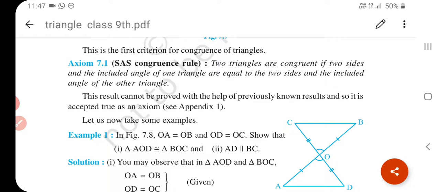Two triangles are congruent if two sides and the included angle of one triangle are equal to the two sides and the included angle of the other triangle. That means SAS. You can see the name: side, angle, side. Then and only then we can say that these two triangles are congruent to each other.